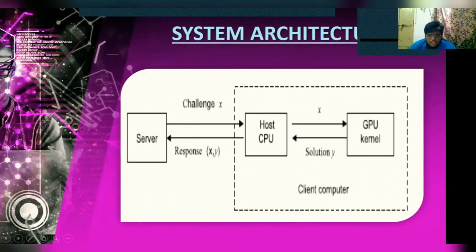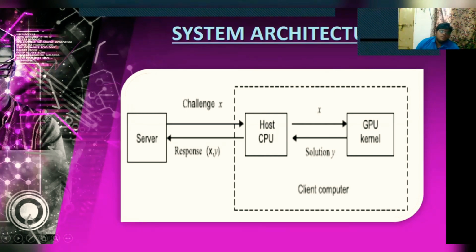Followed by system architecture. Here we can see the server block, and the other is the client block. In the client block, we can see the host CPU and the GPU kernel. When the client sends a request, the server sends a challenge X, which is our software puzzle, to the client.